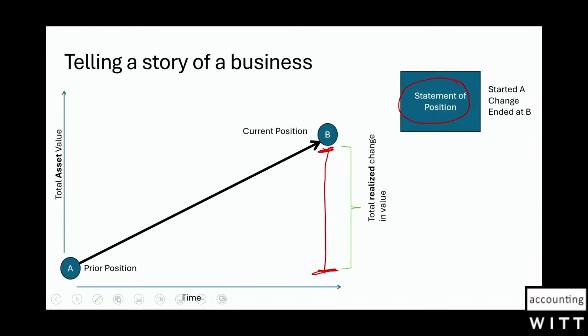Let's pause there and say, all right, it's giving you a statement of position in terms of your asset value, and your asset value is how much value you own and control as a business.